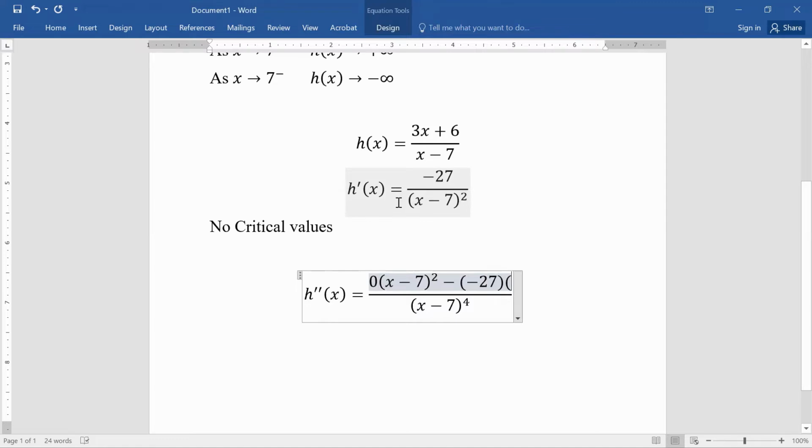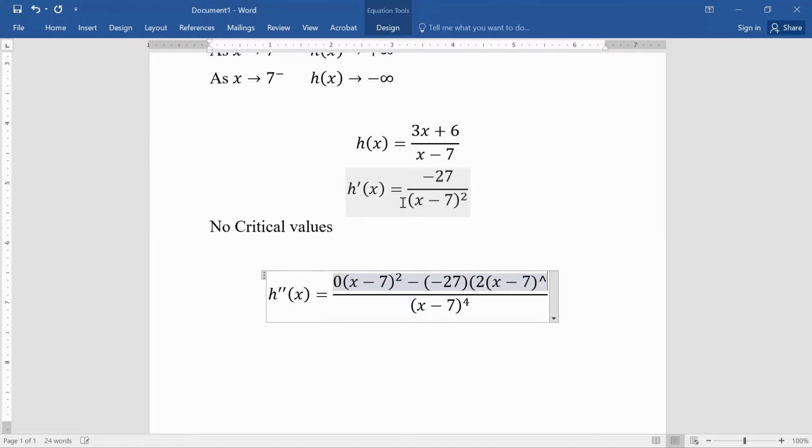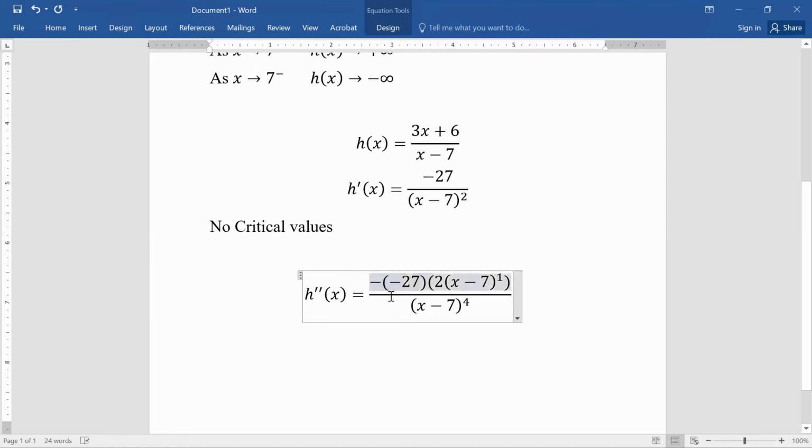The derivative of the denominator, we have to use a chain rule. So 2 multiplied by x minus 7 to the 1st power times the derivative of the inside function. Well, the derivative of the inside function is just 1. 1 times anything is itself. If I clean that up, 0 times anything goes away.